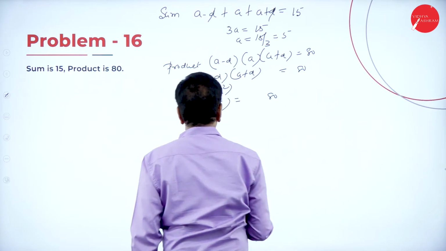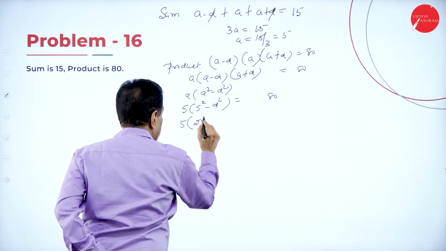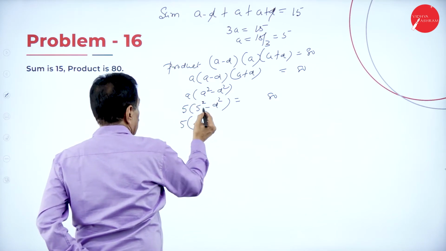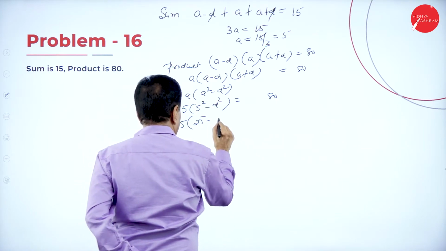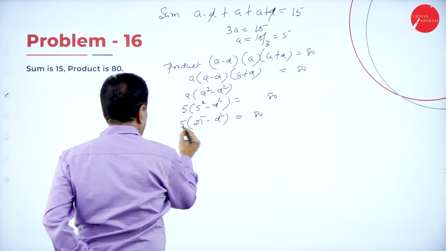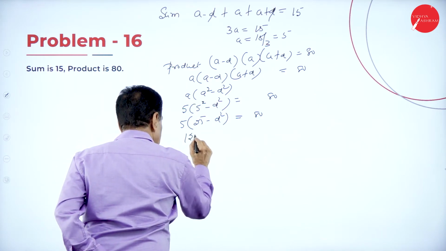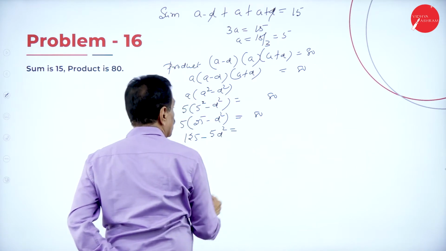So 5 square is 25. 25 into 5 is 125 minus 5D square is equal to 80.